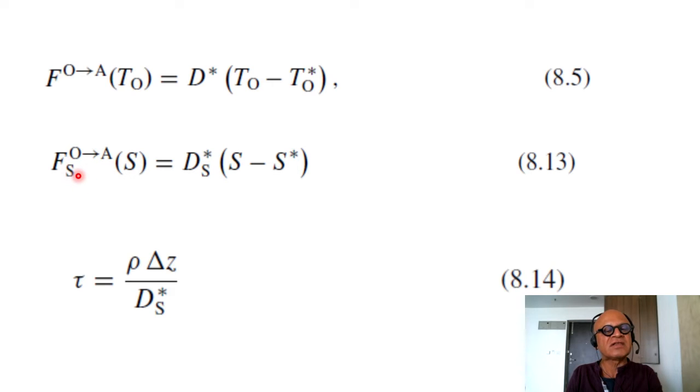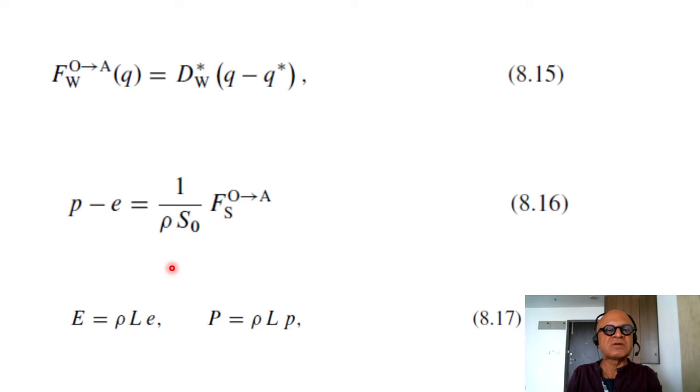So you can still write salinity flux from ocean to the atmosphere as some coefficient times S minus S star, where again S star is, let's say, a prescribed salinity distribution like a climatology. Again, you can derive a time scale here similar to temperature, rho delta Z over D star, where delta Z is our, let's say, depth in our one box model that we looked at. So that gives you a relaxation time scale.